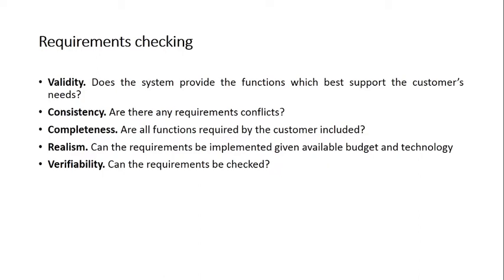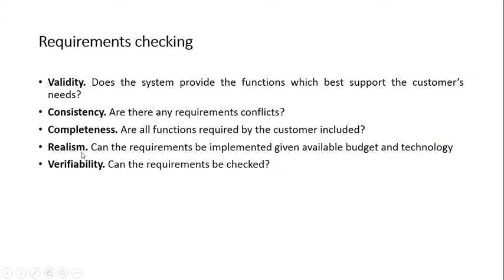Say if I say A equals B and B equals C, but A is not equal to C, this becomes inconsistent. So we need to check all those sorts of conflicts or inconsistencies. Then completeness. Are all the functions required by the customer included? Have we left out something? We need to identify that.